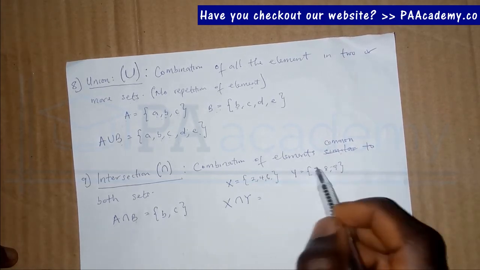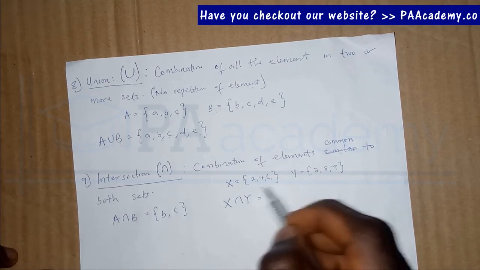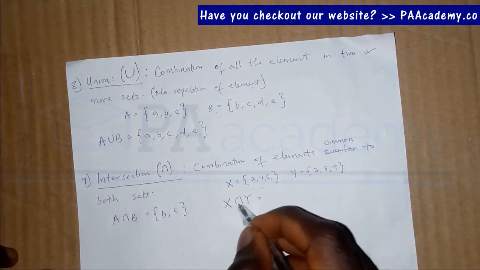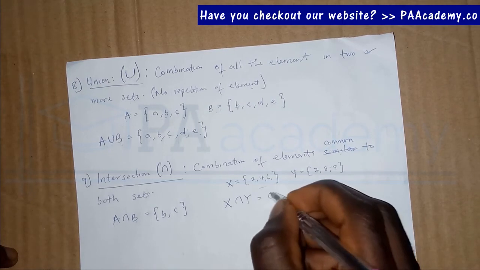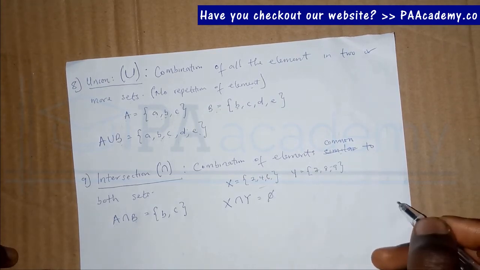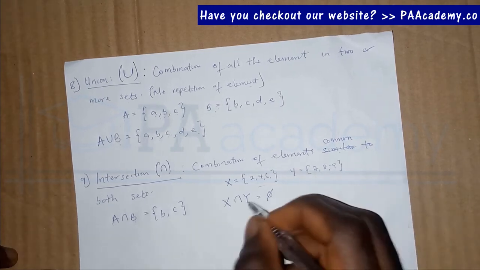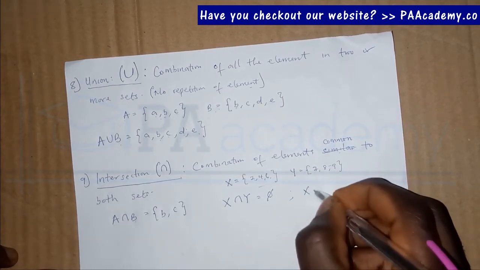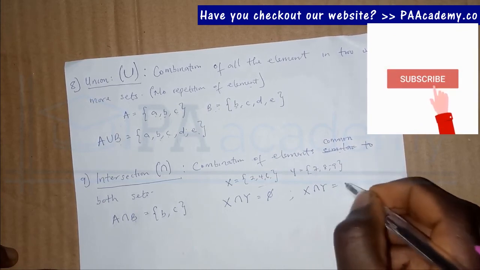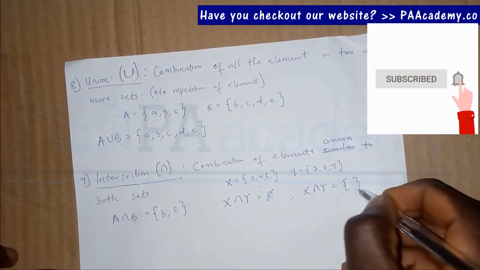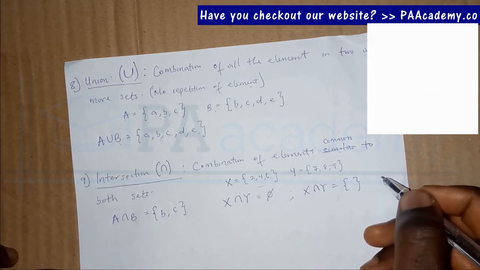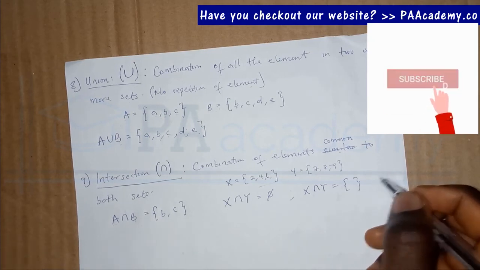Now you can see that they have nothing in common. So since they have nothing in common, if you are to look for X intersection Y, it will be what? It will be an empty set. And don't forget the notation for the empty set is like this, or you can just say X intersection Y is an empty set. There is nothing in common. Exactly. All right.